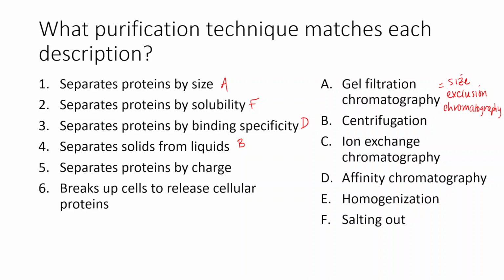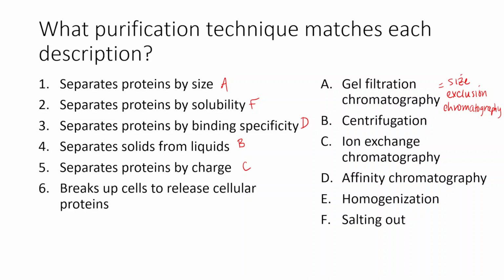Okay, so number 5, which one separates proteins by their charge? Yes, ion exchange chromatography separates proteins by their charge. And we'll do another practice problem more specifically about that coming up also to get more familiar with how that works.